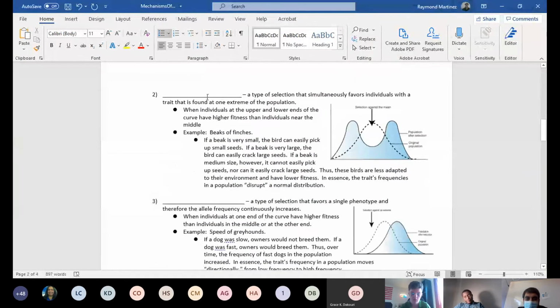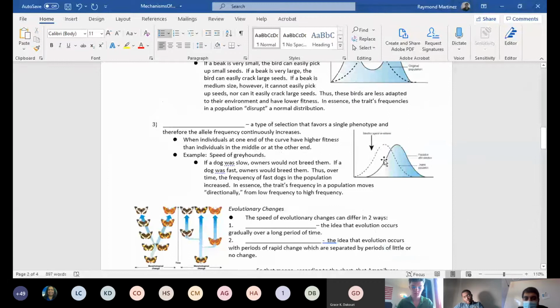All right, number 2. Here we see that the extremes are favored. Type of selection that simultaneously favors individuals with a trait that is found at one extreme of the population or another. So what is this called? Disruptive. Very good, disruptive. And now this one.